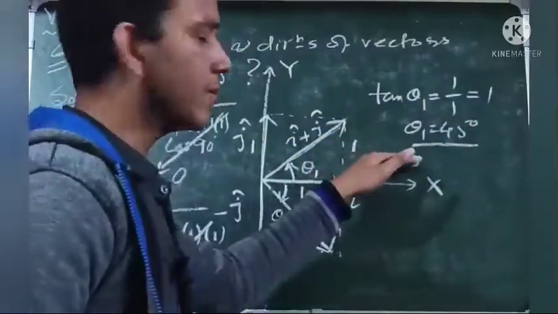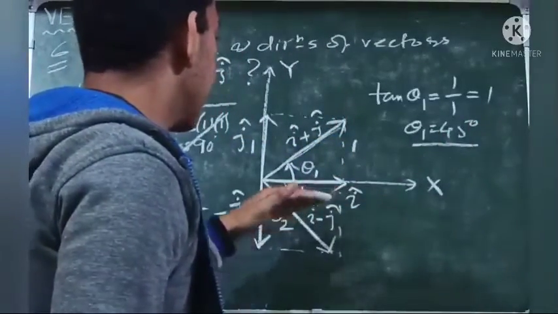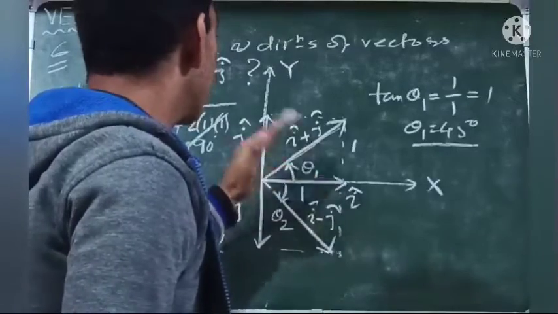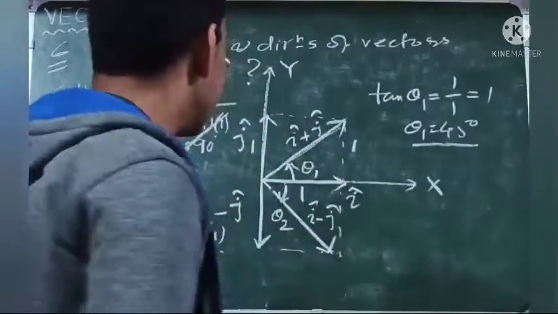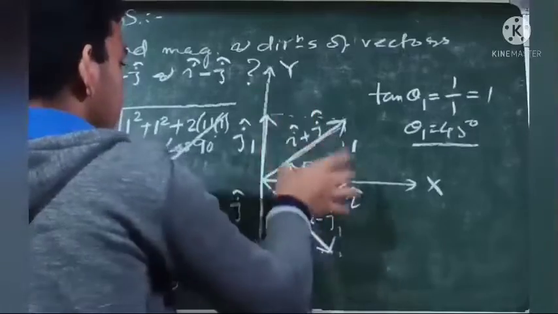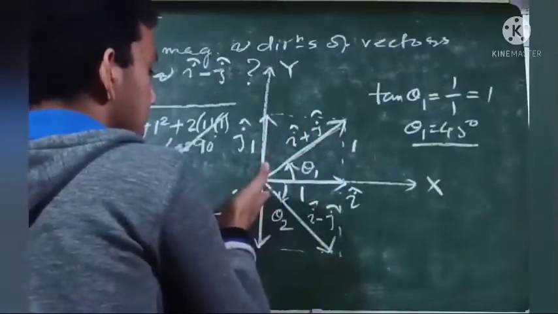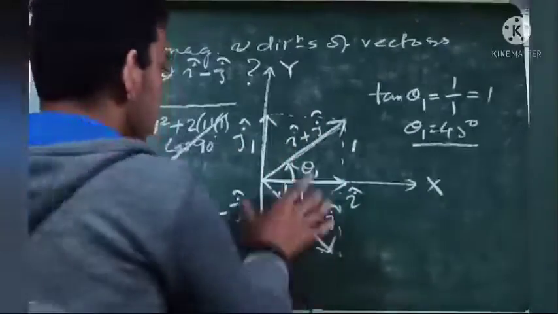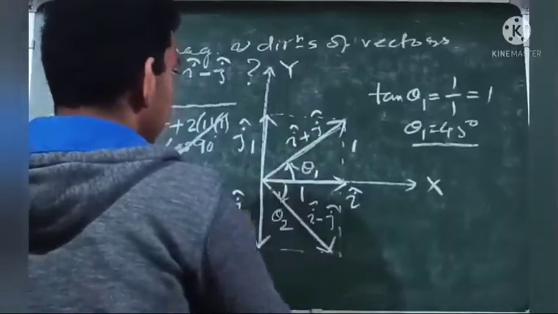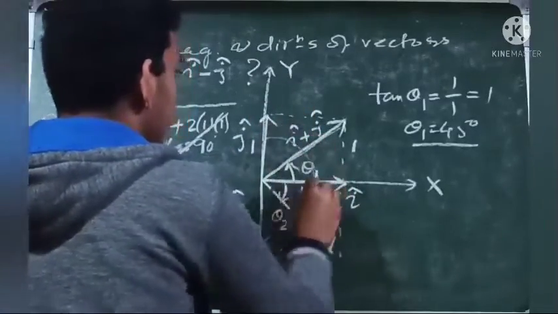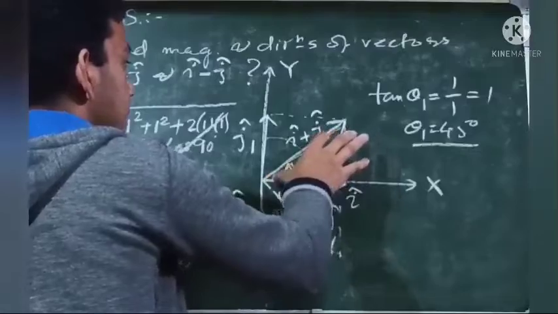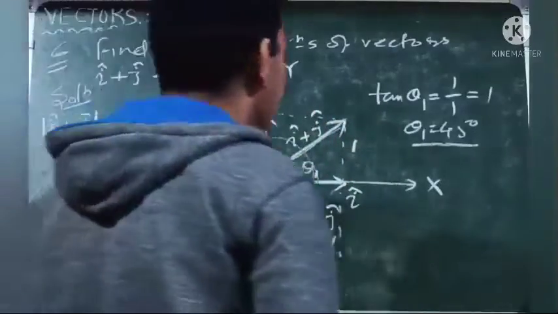We have also learned in previous sections that if these two vectors are of equal magnitudes, then the resultant passes through the angular bisector of this whole angle.